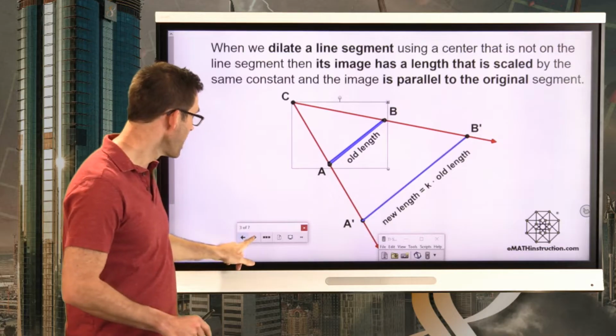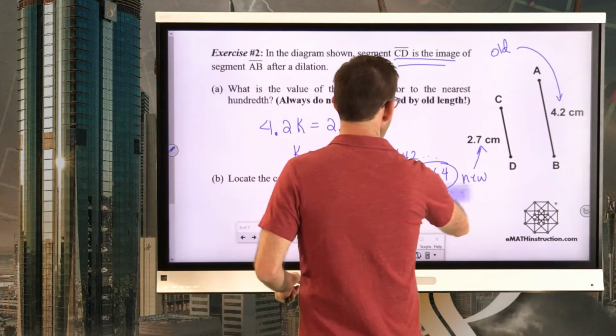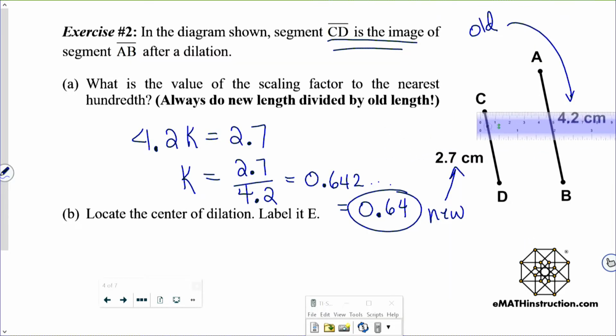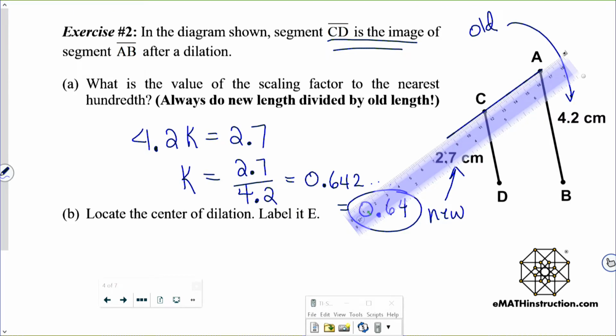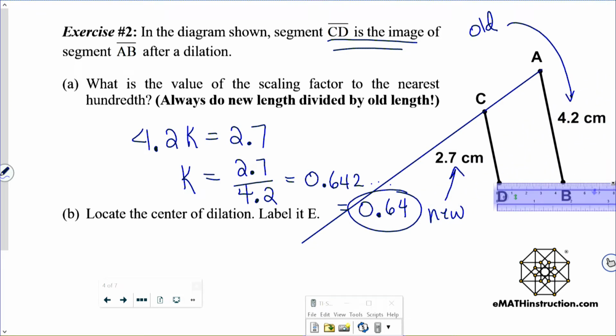Well, we can use that in this problem because we know for certain that the center, and this is probably going to be easier for you than me, must lie somewhere on this ray. Somewhere on this ray is the center of dilation. But likewise, the center of dilation must also lie somewhere on this ray.